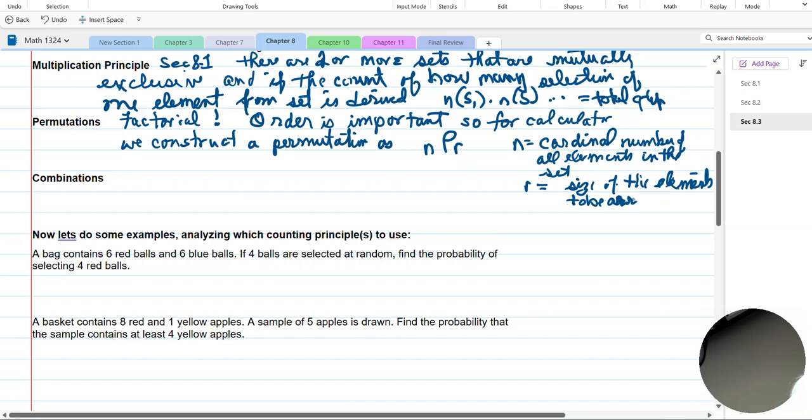All right. When I make it try to fit, I make a mess.